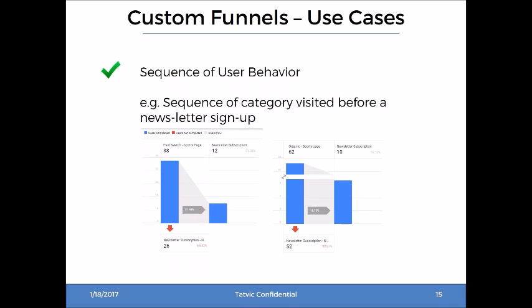For example, when I show this screen, there are two different funnels. One starts from paid search to the sports page, and the second one starts from the organic sports page. So these are all the people who landed on a sports page with organic source medium and then converted.